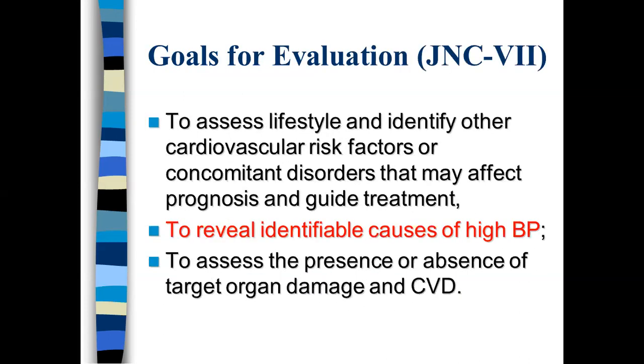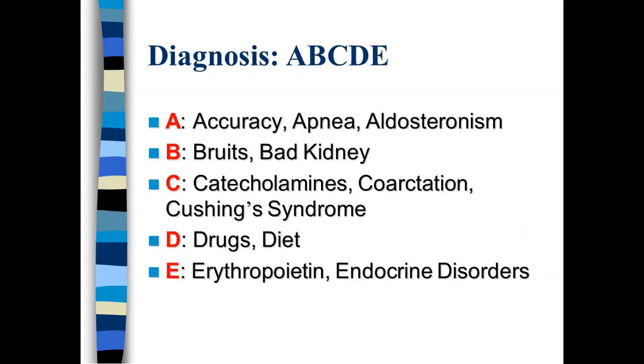And also to identify the causes of secondary hypertension, I abbreviated it into A, B, C, D, E. A for accuracy, apnea, and aldosteronism. B for renovascular hypertension, and bad kidney, which denotes parenchymal kidney disease.